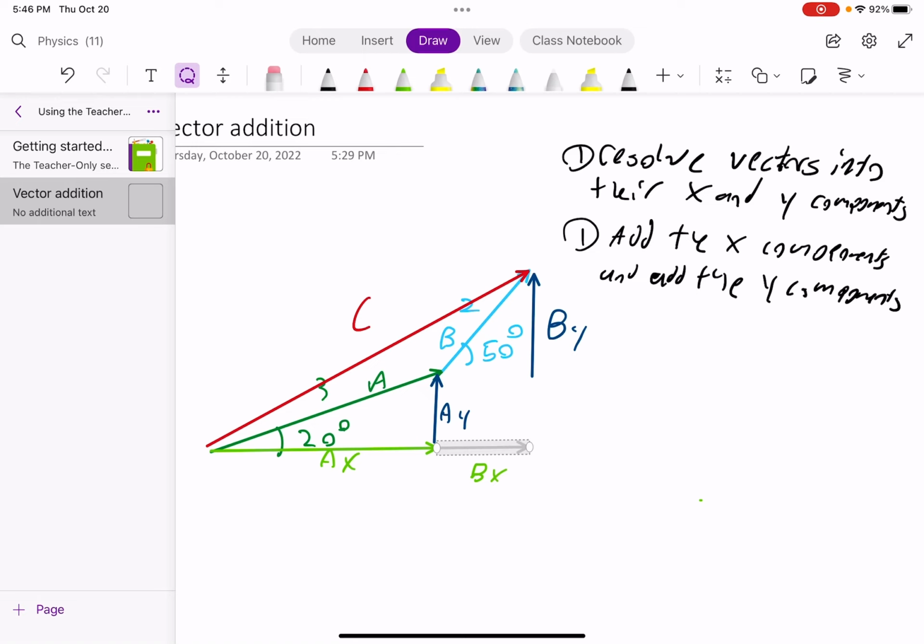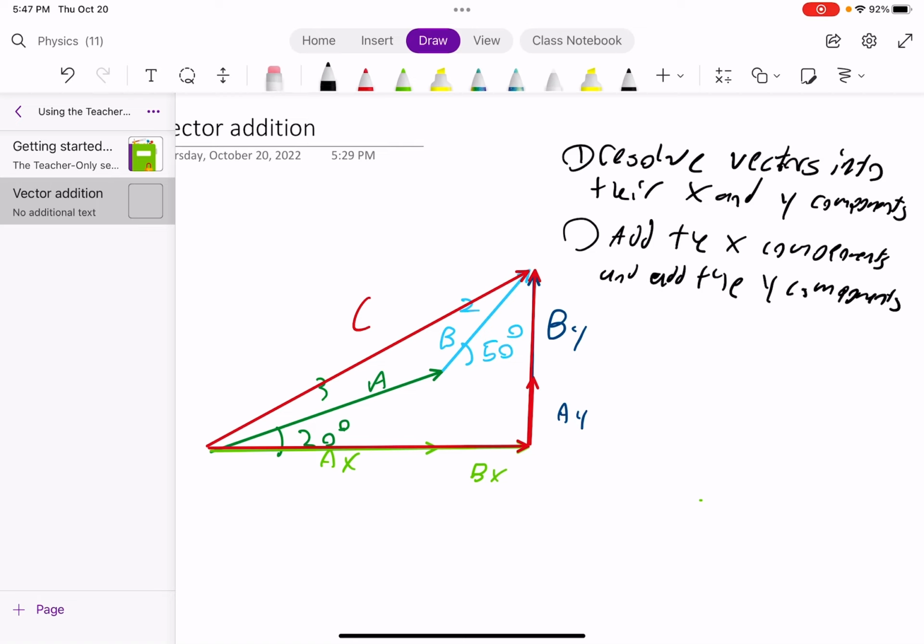We now have the x component of C. And if you then add the y components together, you will end up with the y component of C. The sum of AX and BX is the x component of C, and the sum of AY and BY is the y component of C. So after you add together those components, you now have the x and y components of C, our sum. That was step 2.